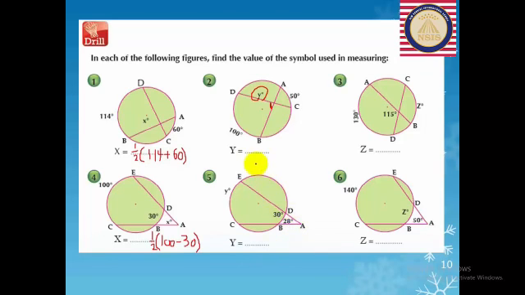Let's write it. So 56 equals EC minus 30. Solve it as an equation. Go to the other side. So EC or Y equals 56 plus 30, which is 86. Okay?